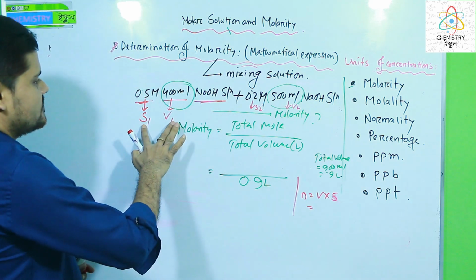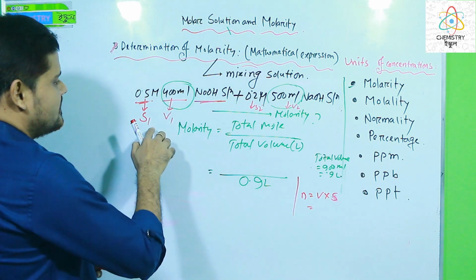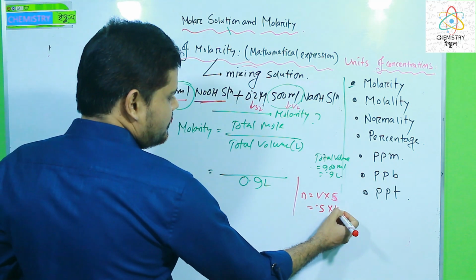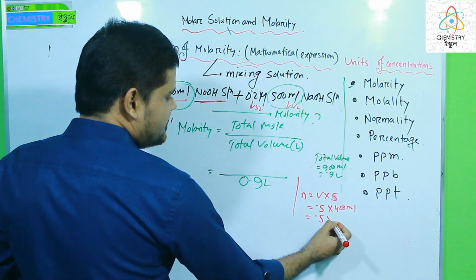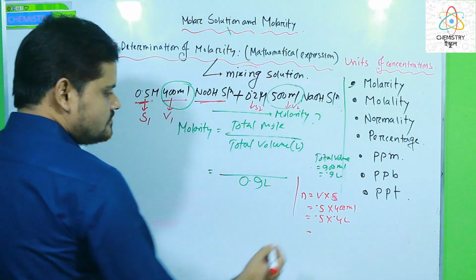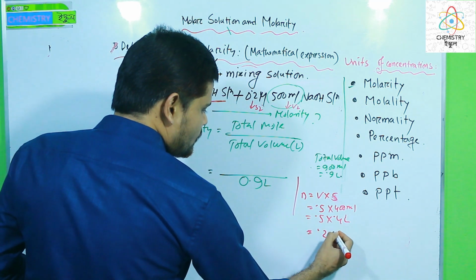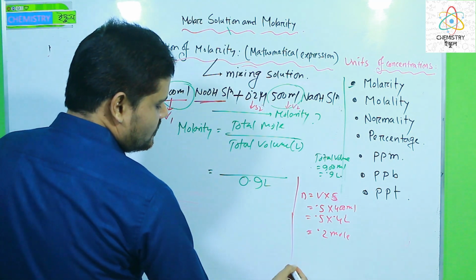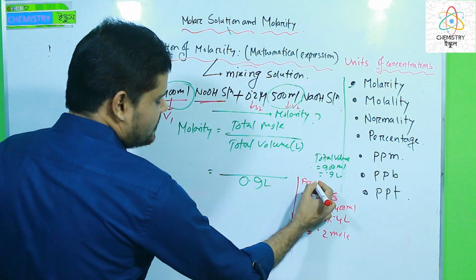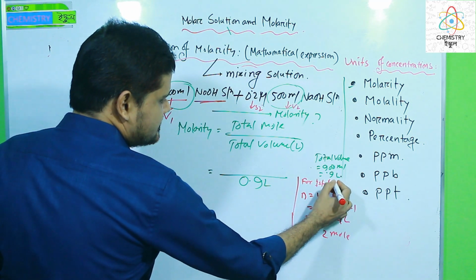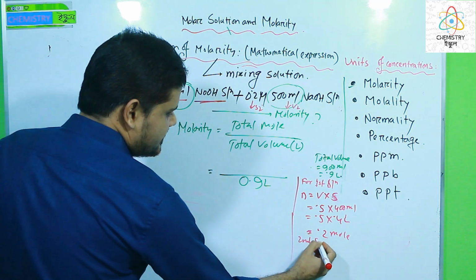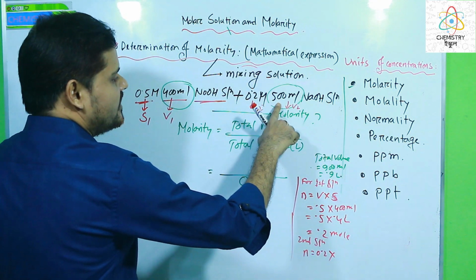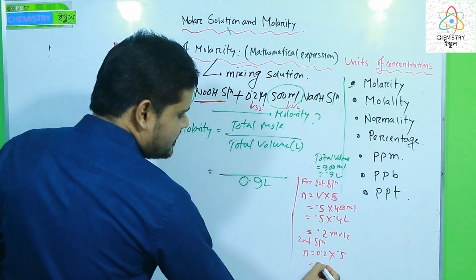For the first solution, if we multiply this, we get the moles for the first solution: 0.5 into 400 milliliters. Your duty is to convert to liters, 0.4 liter. Then we get 0.2 mole for the first solution. Accordingly, for the second solution the mole will be 0.2 and 500 milliliters means 0.5 liter, so it will be 0.1.